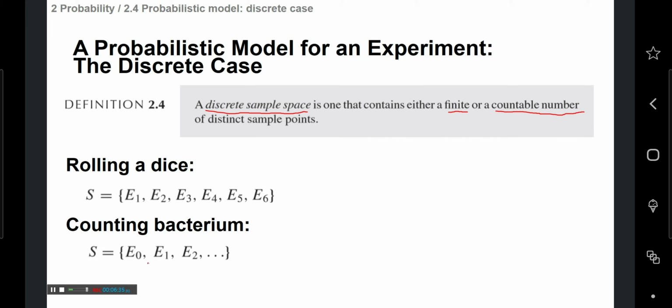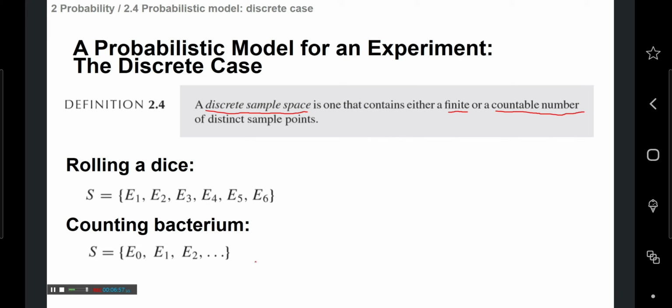So counting bacteria corresponds to integers greater than or equal to 0, and that's countable. Even if it's an infinite number, it's countably many events.